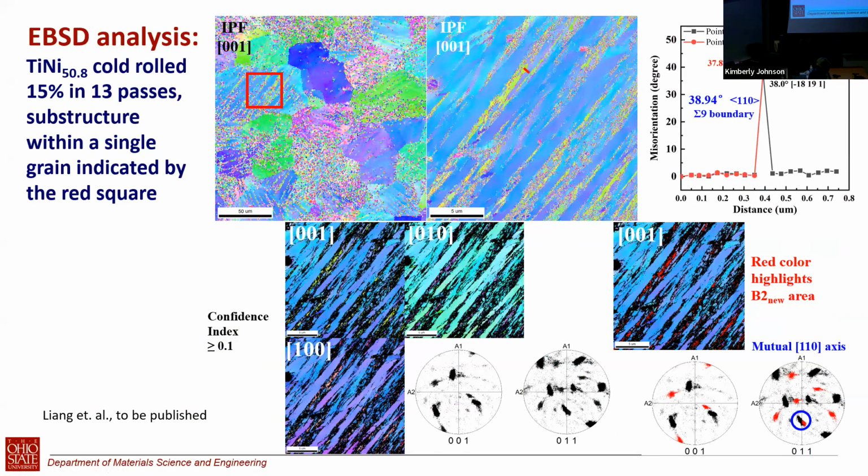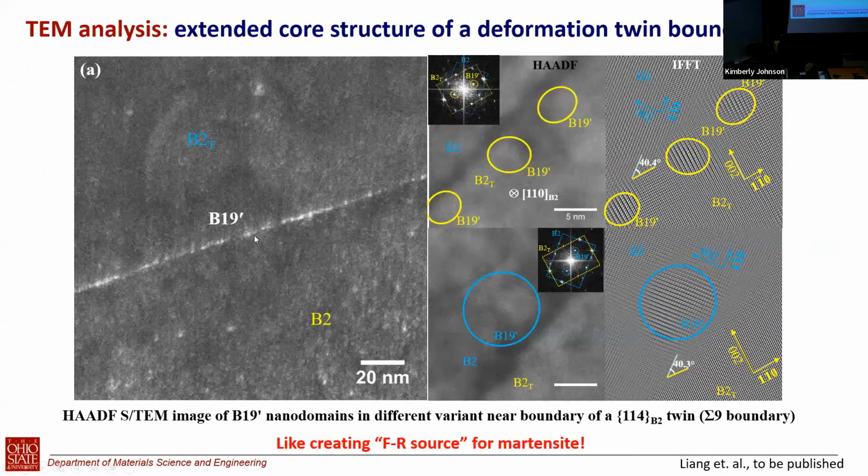Then we characterize, and we find within the twin boundaries you can have embryos of the B19 prime martensite. This high resolution image shows we do have these embryos of martensite decorating the deformation twin boundary in B2 structure. So we have high density twin boundaries which harbor the embryo of martensite already.